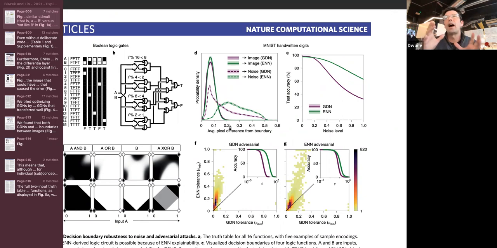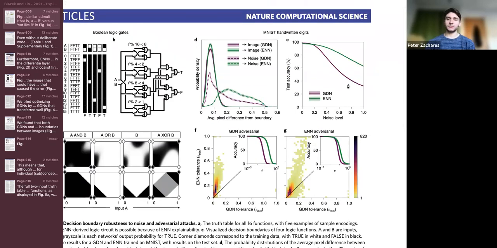So I'm not sure how significant that is, but this graph here I again did not understand. They say as the noise level reached 1, they had a test accuracy of 60% and GDN had a test accuracy of 35. So I don't quite understand how that's measured.